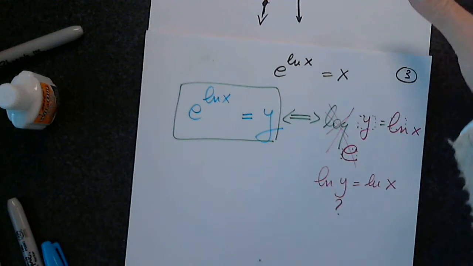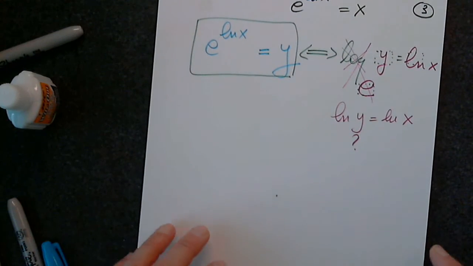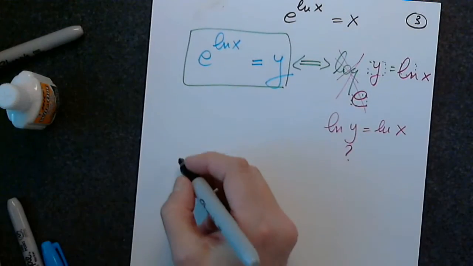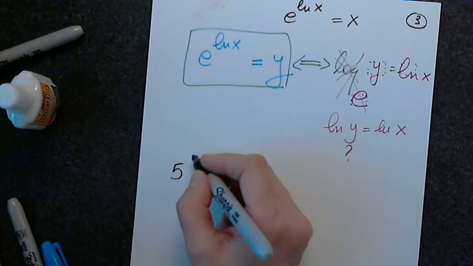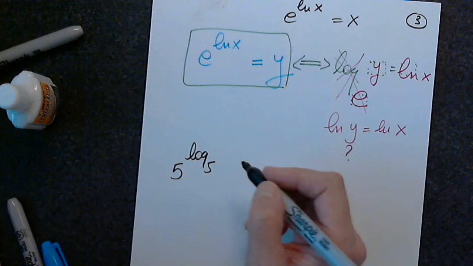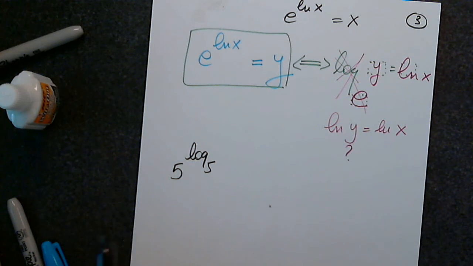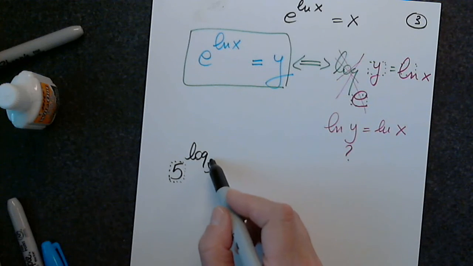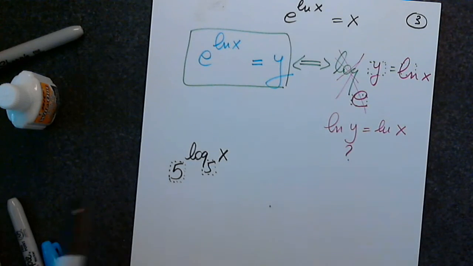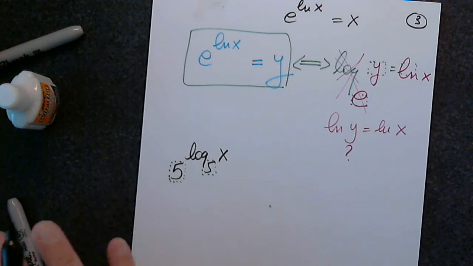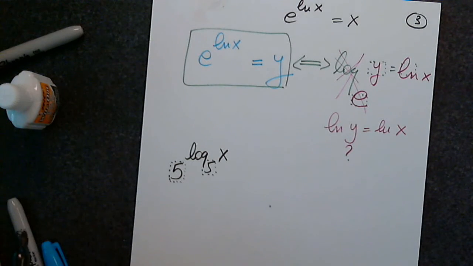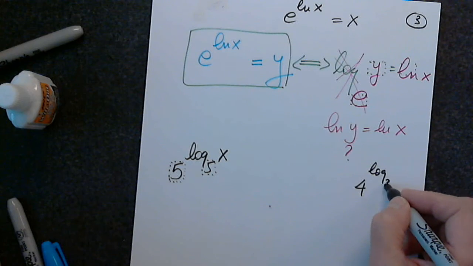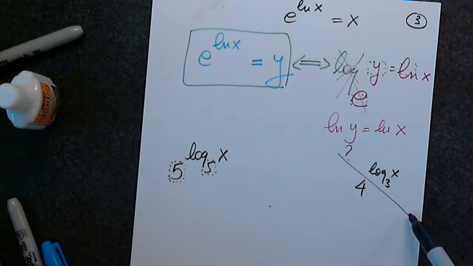Let's do one more so you see it better, because maybe ln is confusing. Let's say 5 raised to log base 5 of x. It has to be the same. One more time: this number and this number have to be the same. If they're not the same, then the property is not applicable. So if I have 4 raised to log base 3 of x, the property is not applicable.